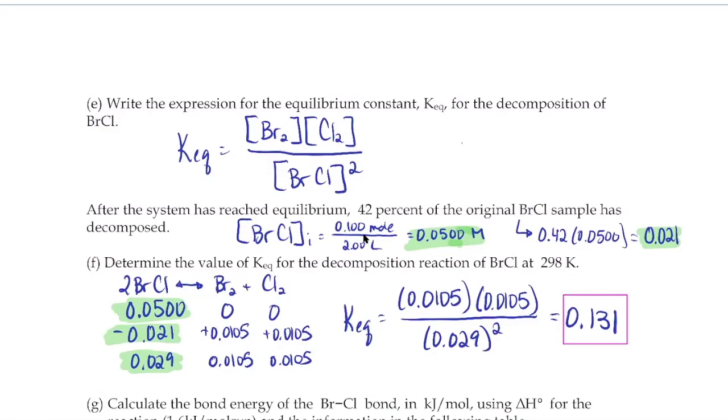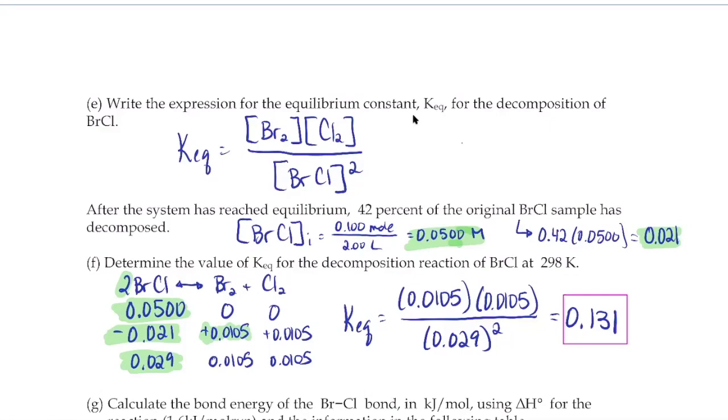And in this problem, because there's a 2 in our balanced equation in front of the BrCl, that change number, the 0.021, is going to be twice as big as the change numbers for the bromine or the chlorine. So I have to cut that 0.021 in half to get the changes that would take place for our bromine and chlorine. Then we can plug those in, get our equilibrium expression, and find a value of 0.131.